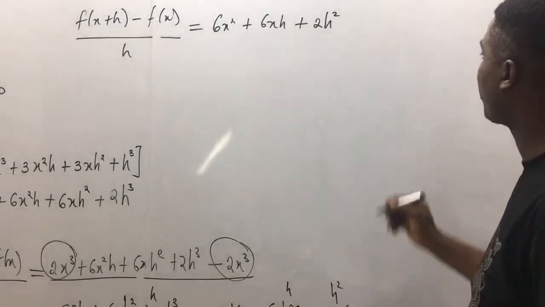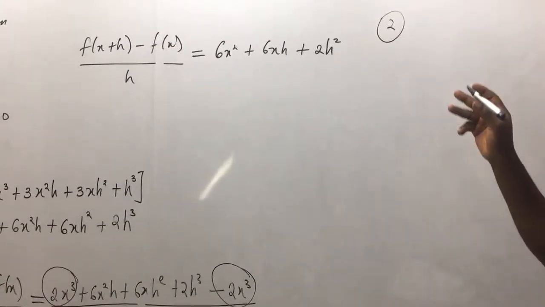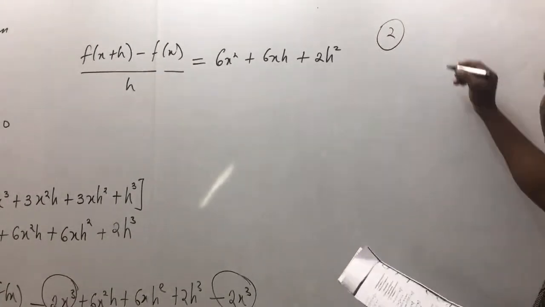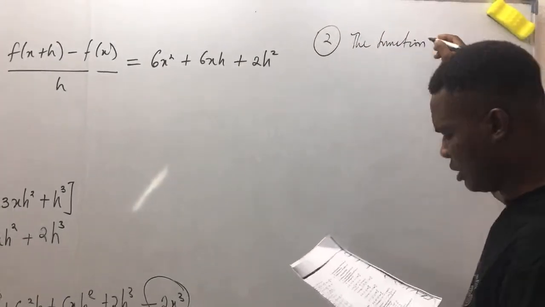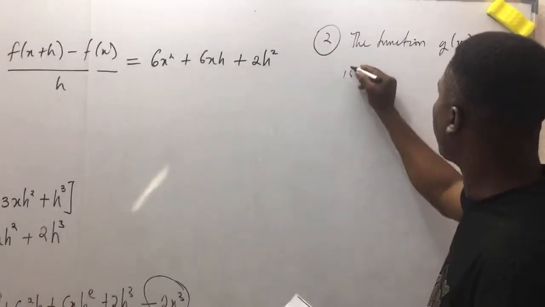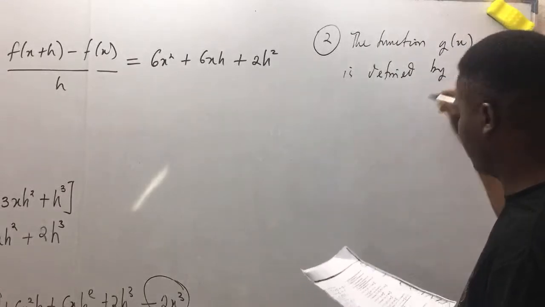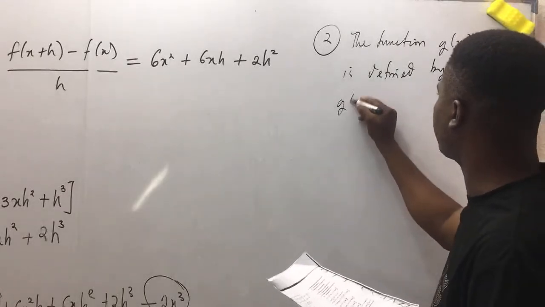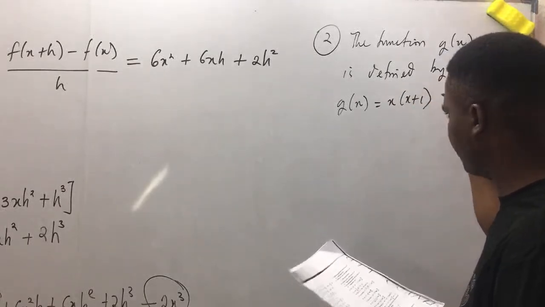So, the second problem I'm going to be looking at in today's class is this. We are also asked to do the following. We are told there's a function g of x, and it is defined by g of x equals x in bracket x plus 1.